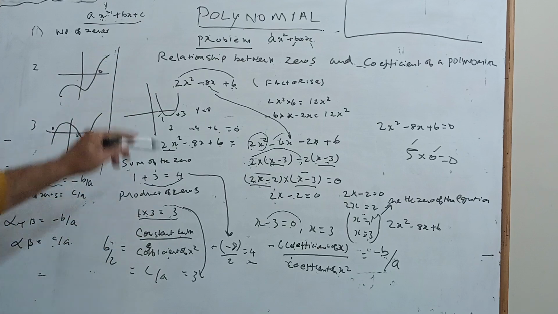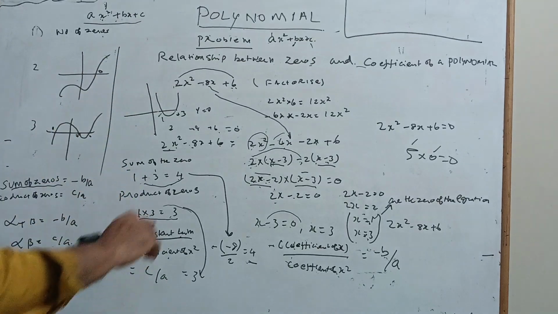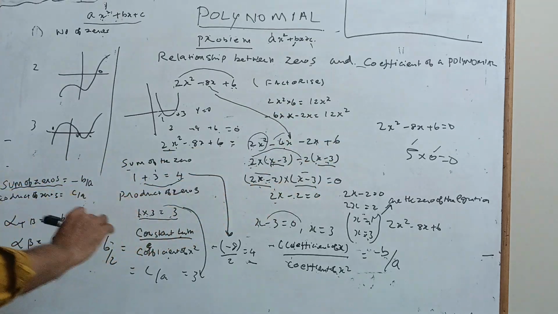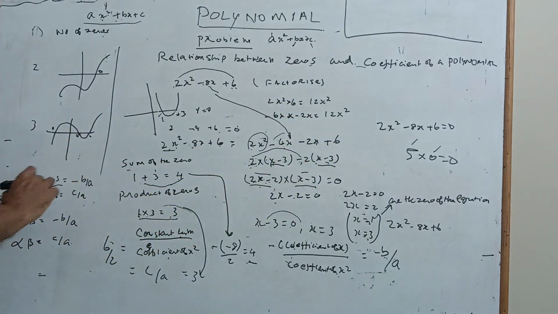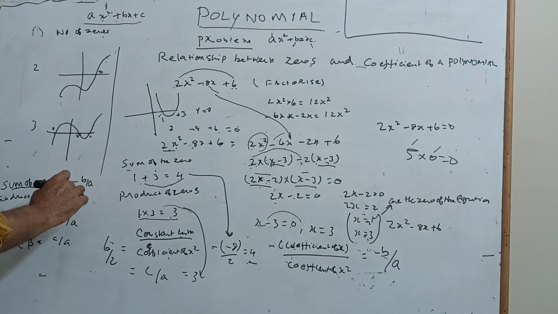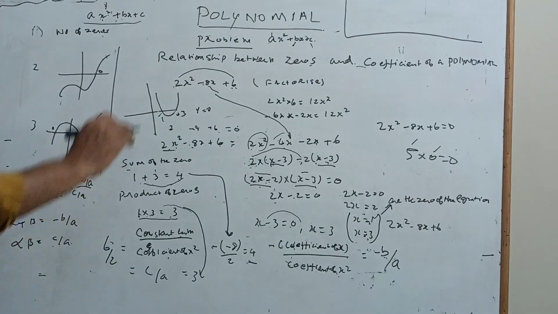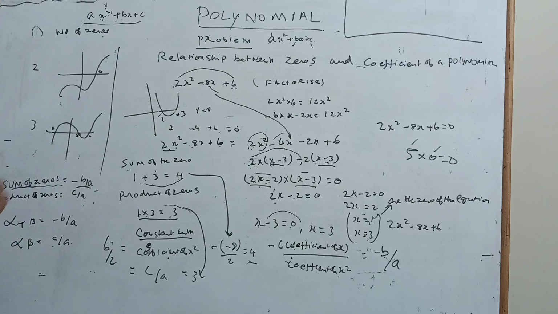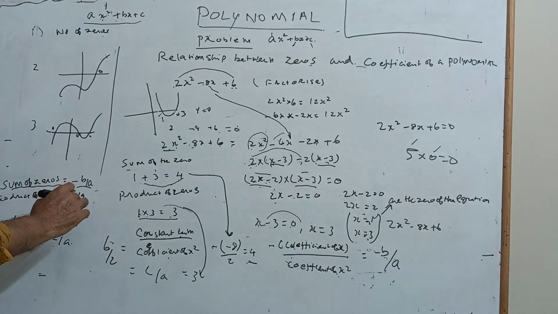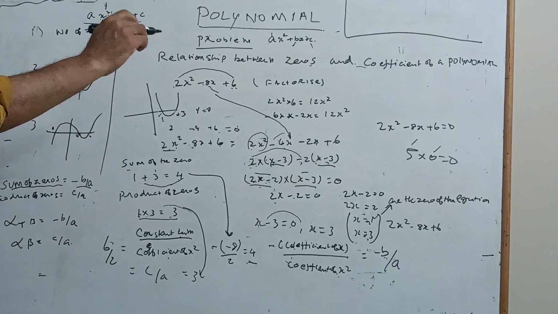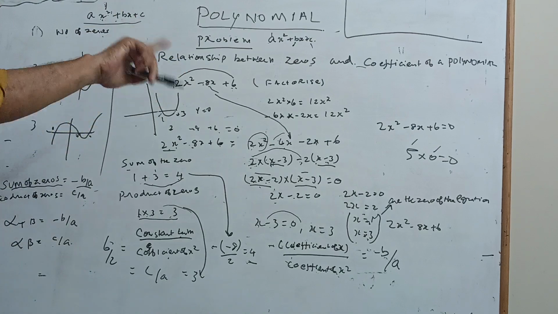This is the very important thing. To summarize, the sum of the zeros is equal to minus b by a, that is from the coefficients of the equation. The product of the zeros is equal to the constant term divided by a, where a is the coefficient of x squared.